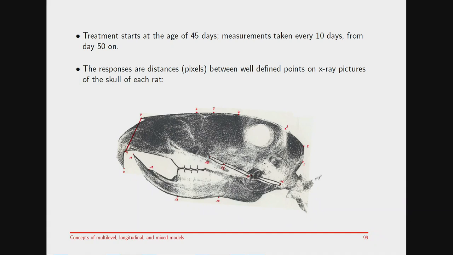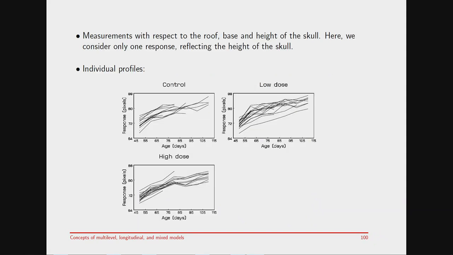If you give a little bit too much of that product, some of the animals die. So, of course, if an animal dies, you can still take your X-ray picture. But it's not very useful to take that X-ray picture again 10 days later with the same dead animal. So if an animal dies, that's the last observation you have for that animal. And that's what's happening here.